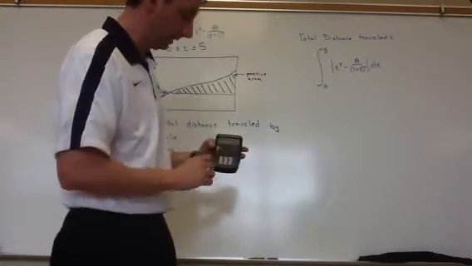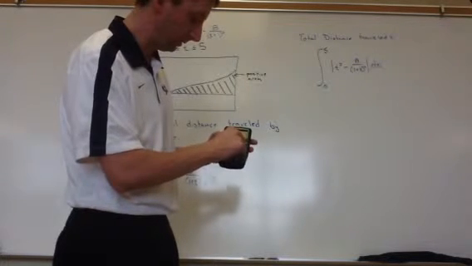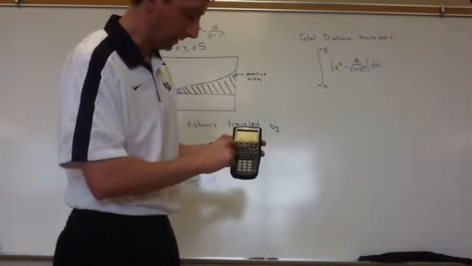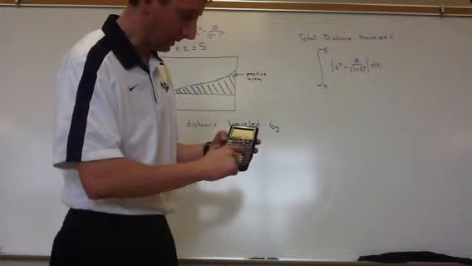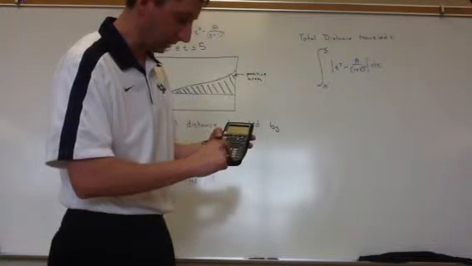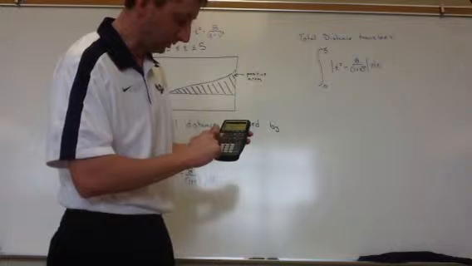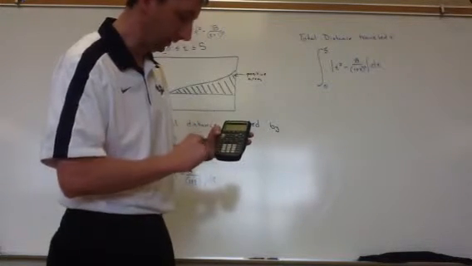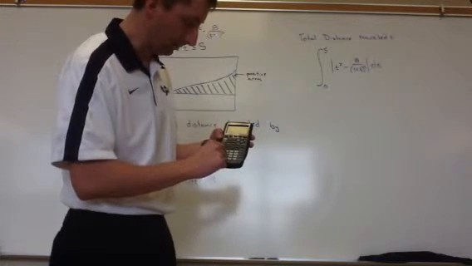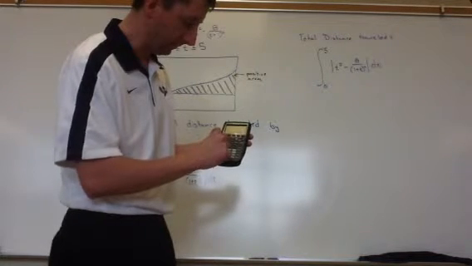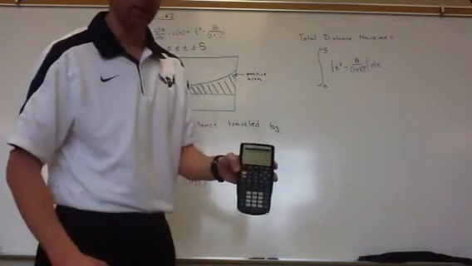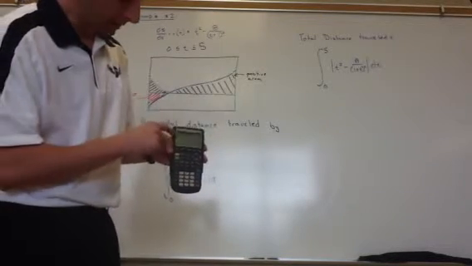So if I go math down to fnInt, type in my function, (x squared minus 8) divided by quantity x plus 1 close parentheses squared, comma, integrate that with respect to x between 0 and 5.